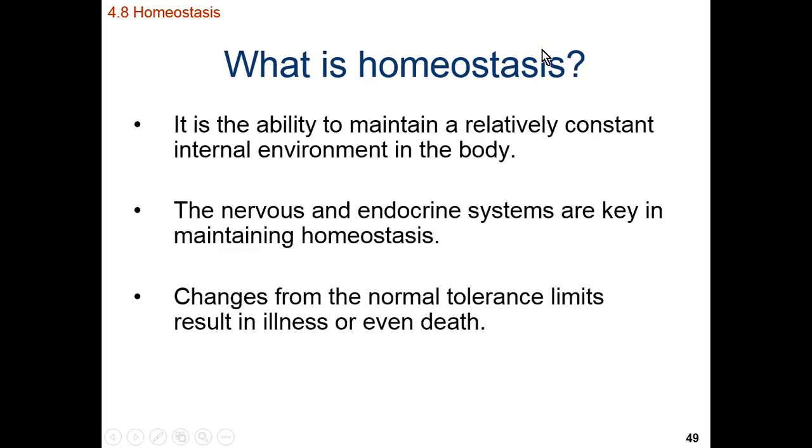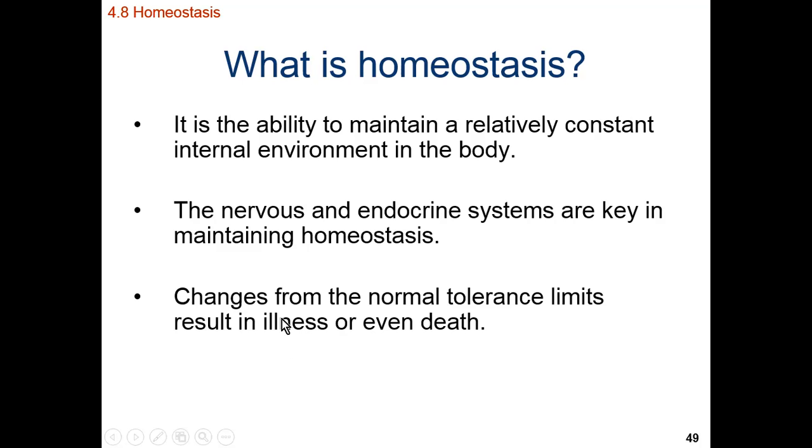So static means same, or stationary, and homeo means same. So we can have a little bit of change in our bodies from those normal tolerance limits, but if we have a medium to high change, we can have a disease state set in for a medium change.